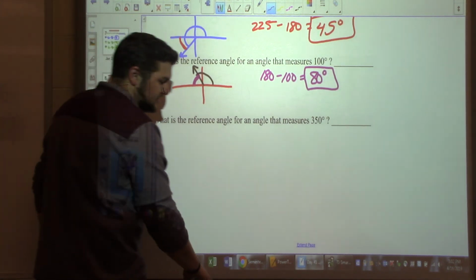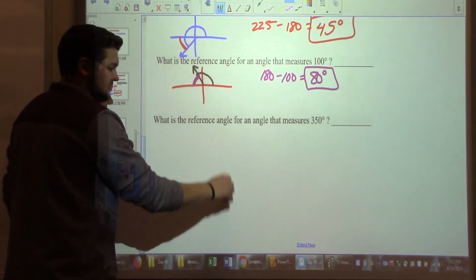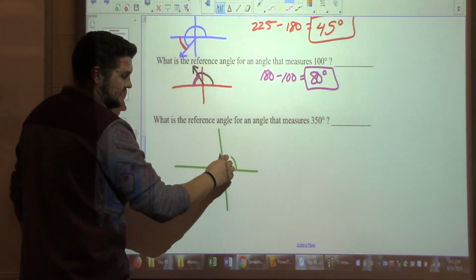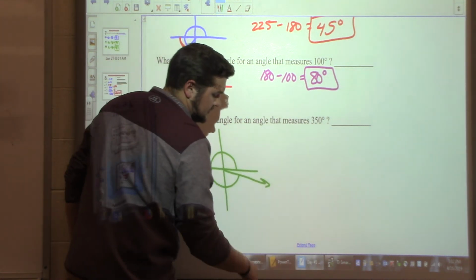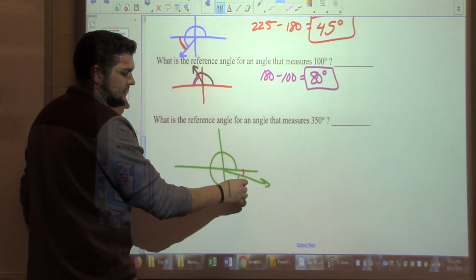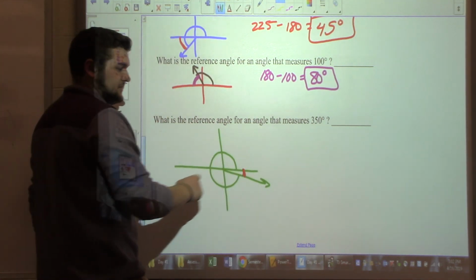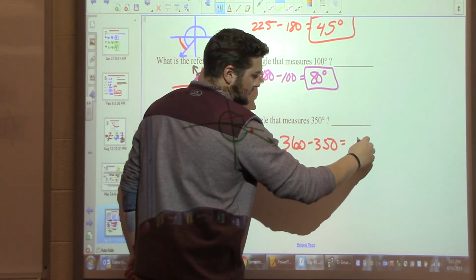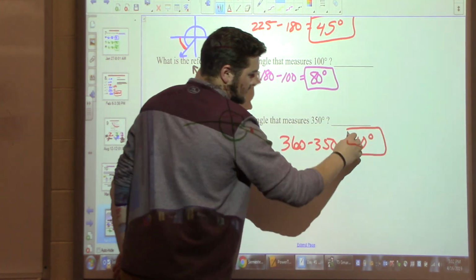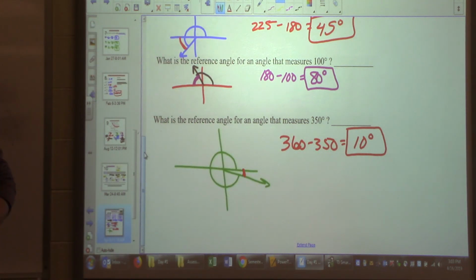For an angle that measures 350, what's the reference angle? Well, 350 would be almost all the way around, which means my reference angle will be completing that circle to 360. 360 minus 350 would be 10 degrees for a reference angle.